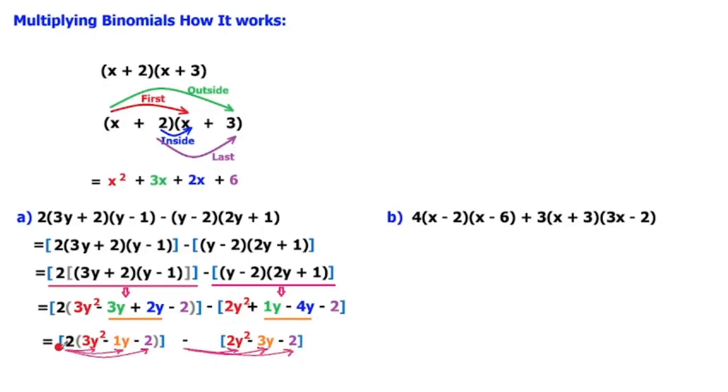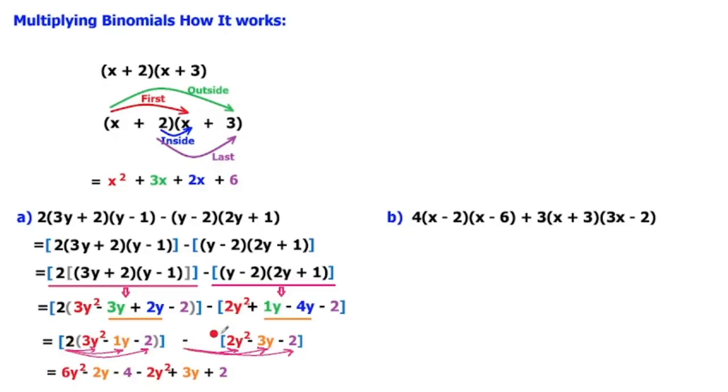We're going to multiply the 2 into each of these terms. And then for this, we need to multiply this negative into each and every term here. So that's what we're going to do. 2 times 3y squared gives 6y squared. 2 times negative 1y gives negative 2y. 2 times negative 2 gives negative 4.